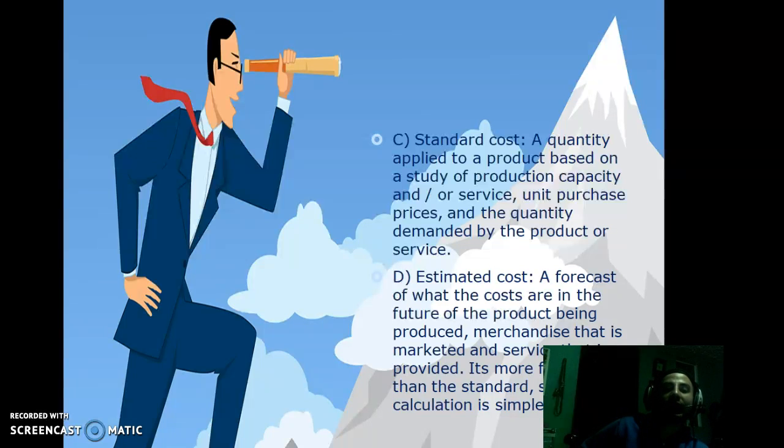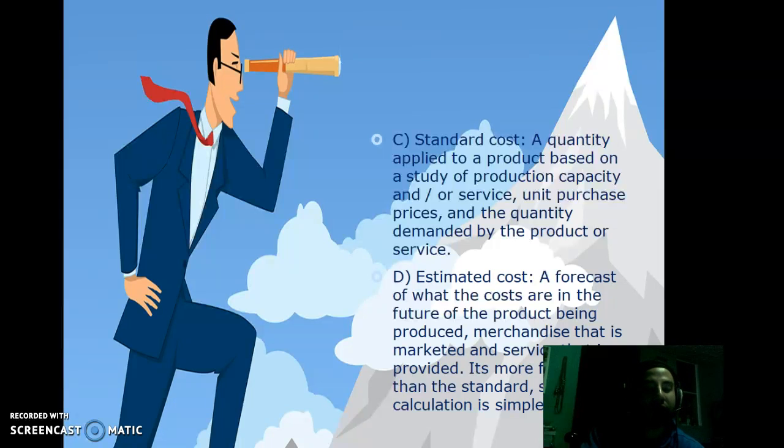The first one is standard cost, a quantity applied to a product or service based on a study of production capacity, unit purchase prices, and the quantity demanded. The other one is estimated costs, a first cut of what the costs will be in the future of the product being produced, merchandise that is marketed, or service that is provided.